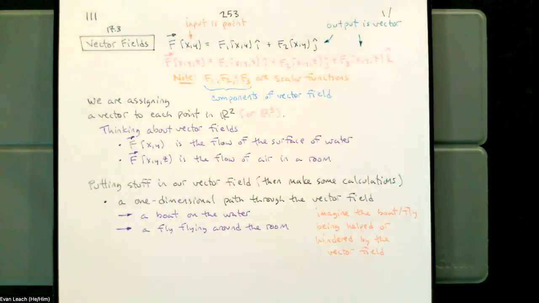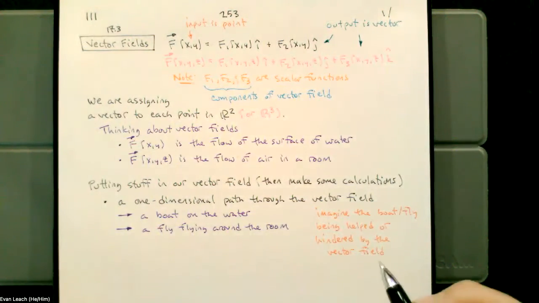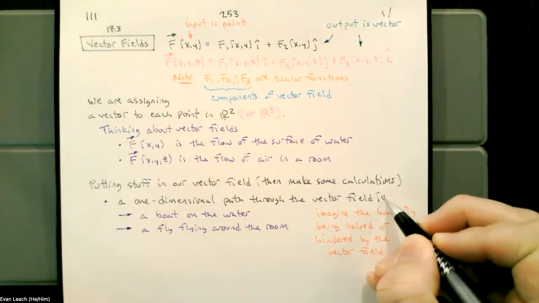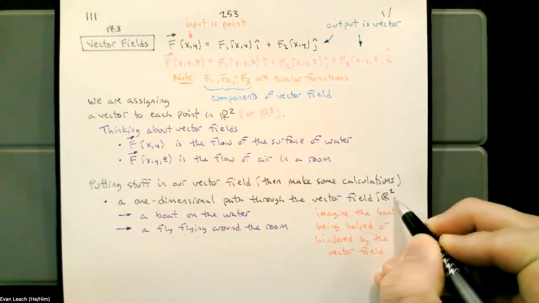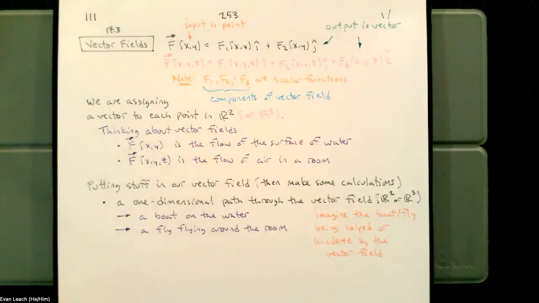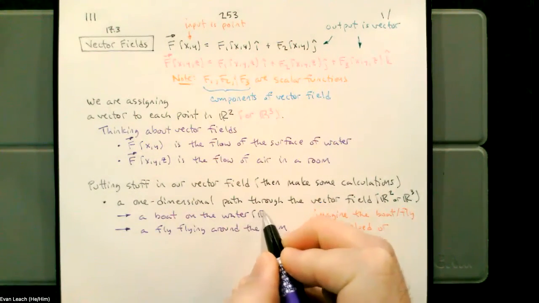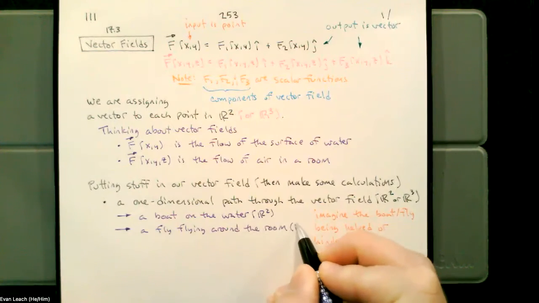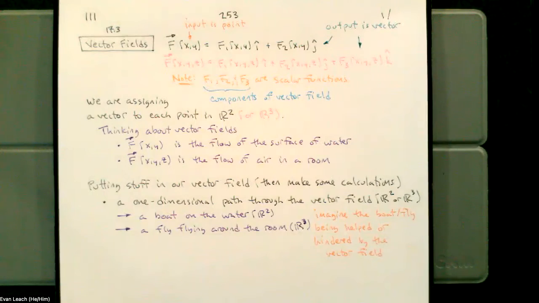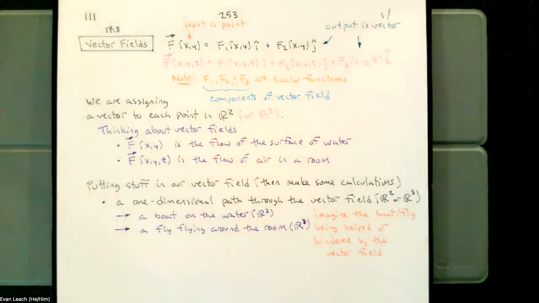So this one works for a vector field in R2 or R3. This is the kind of thinking that we'll have to apply in R2 or R3. Once again, we're imagining the vector field sitting here, and we're just sticking stuff into our vector field.